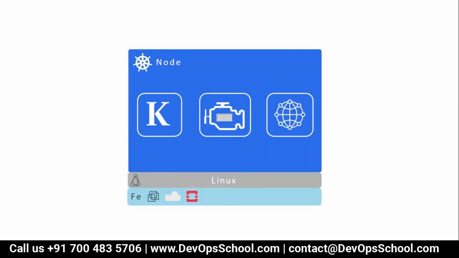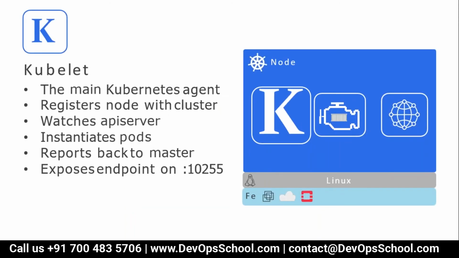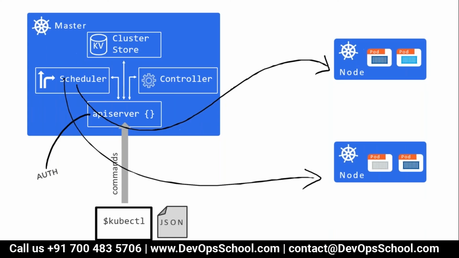The Kubernetes worker has three important components. What are they? Look at this. The first component is Kubelet. Remember, you might get confused here. I said in the workstation you have kubectl. Don't get confused: Kubelet versus kubectl.